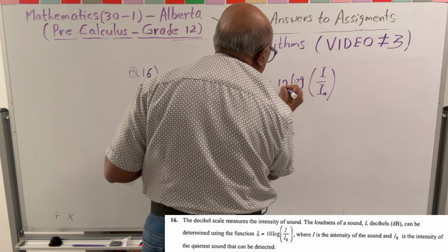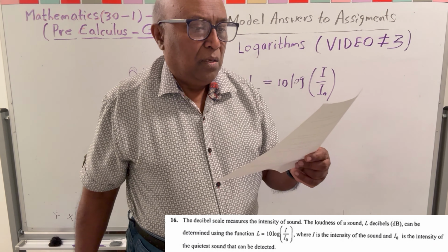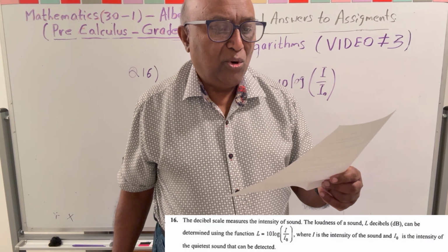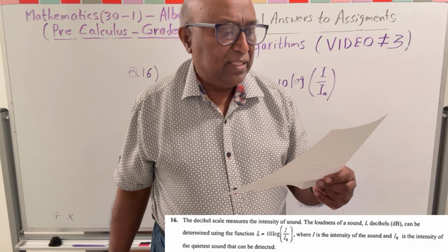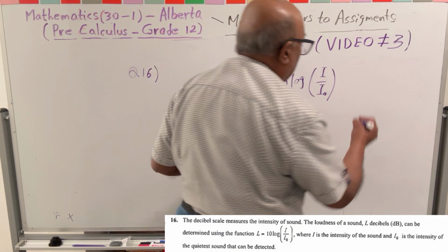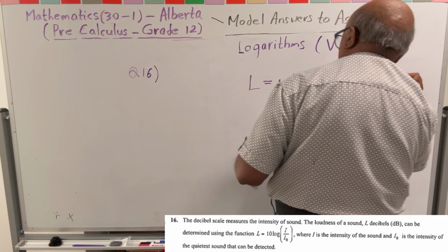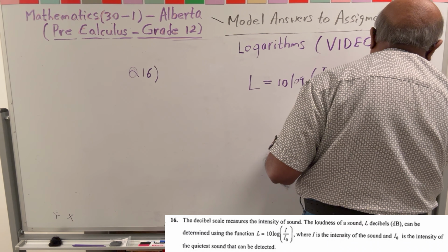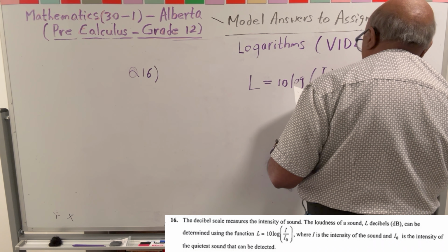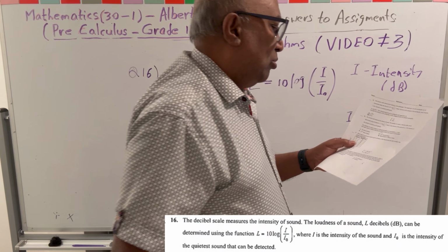This is a formula, where I is the intensity of sound in decibels, and I naught is the intensity of the quietest sound that can be detected.